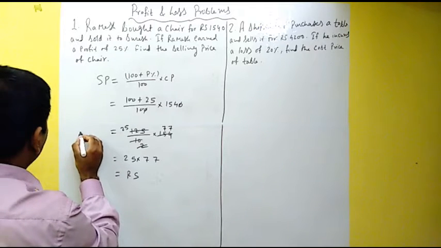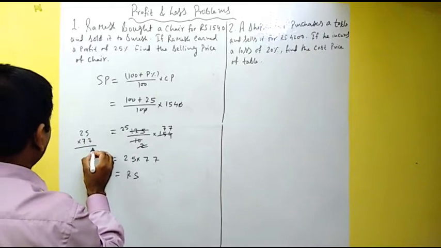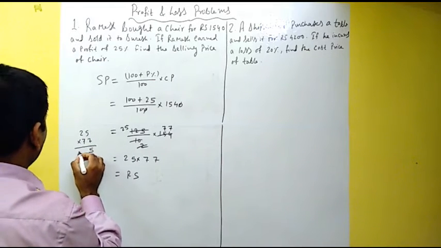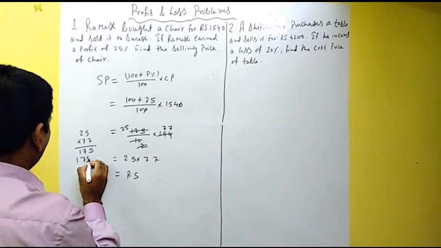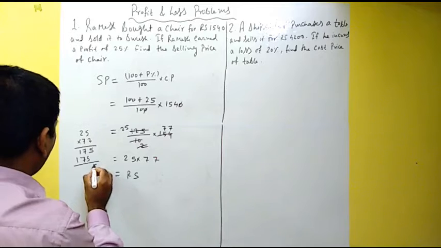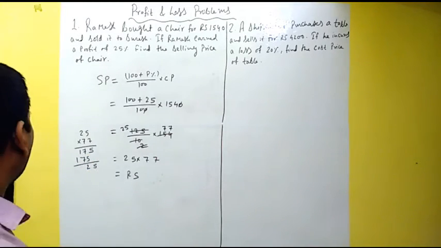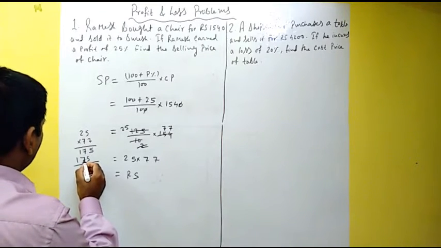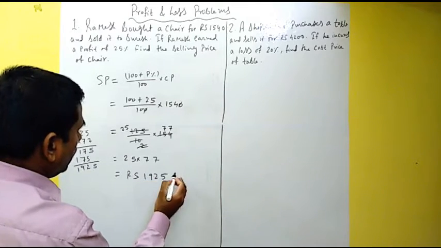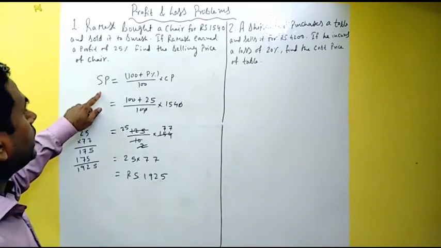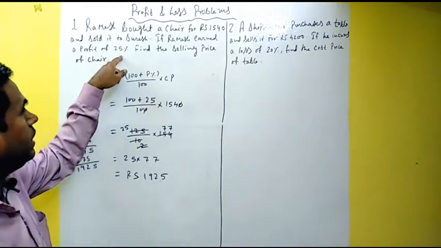Let's do it quickly. 5, 7 plus 5 is 12, and we get 1925. So 1925 is the selling price, so that Ramesh gets a profit of 25%.